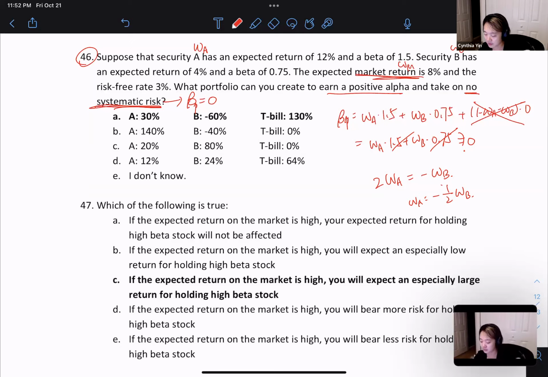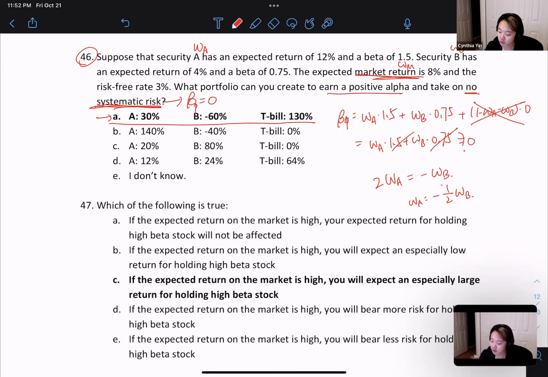And you can see here, apparently choice A satisfies this, and you can check if it has positive alpha. So if you invest in this choice A, what's your expected return?